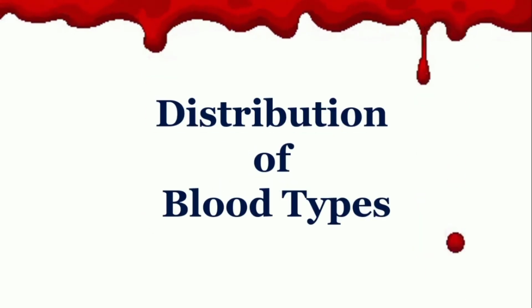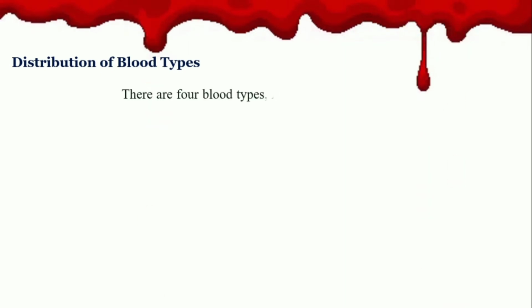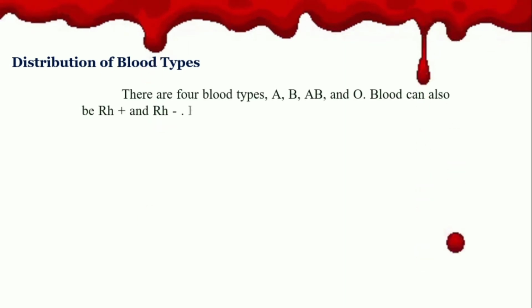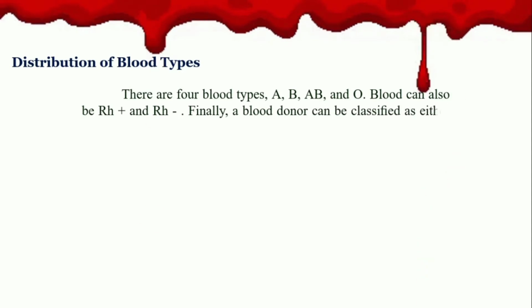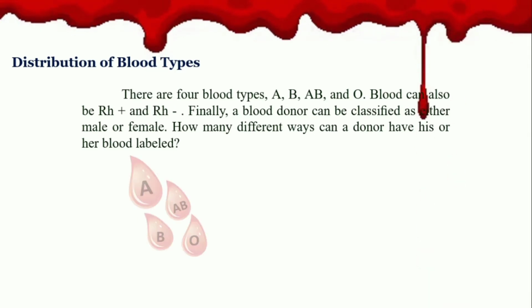Another one is the distribution of blood types. There are 4 blood types: A, B, AB, and O. Blood types can also be Rh positive and Rh negative. Finally, a donor can be classified as either male or female. How many different ways can a donor have his or her blood labeled?